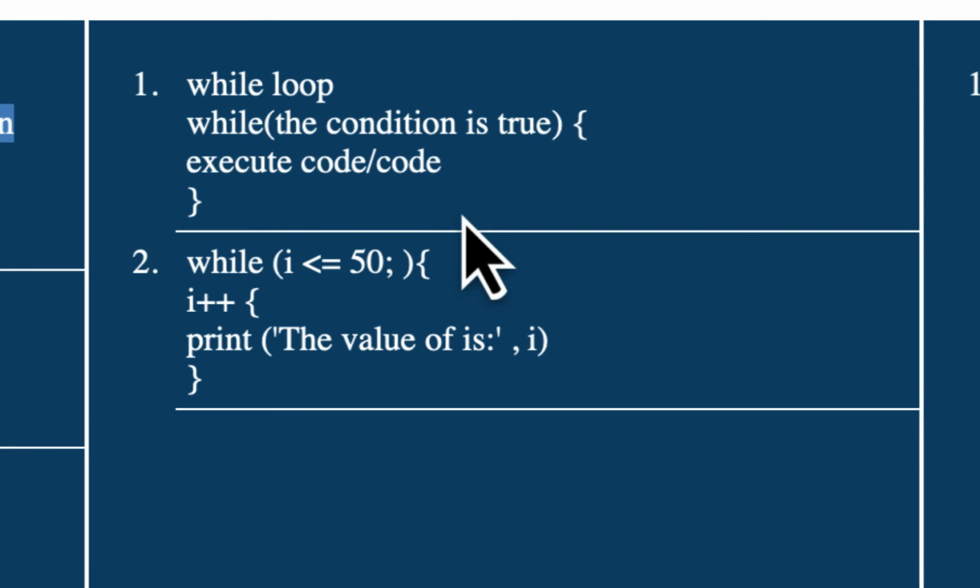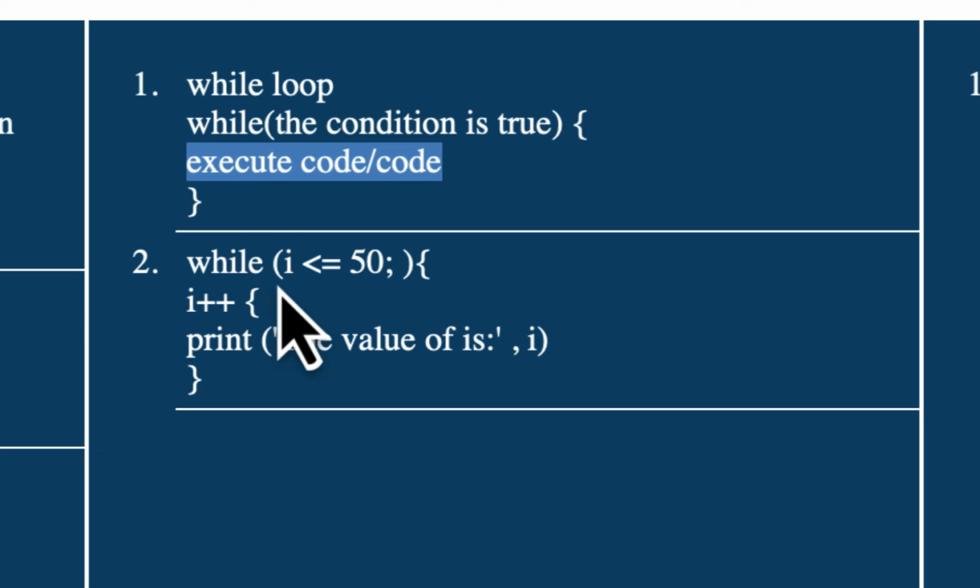So the while loop is going to have the condition. As soon as that condition is true, it's going to execute and then go back again to here. So based on this condition it continues to do that.